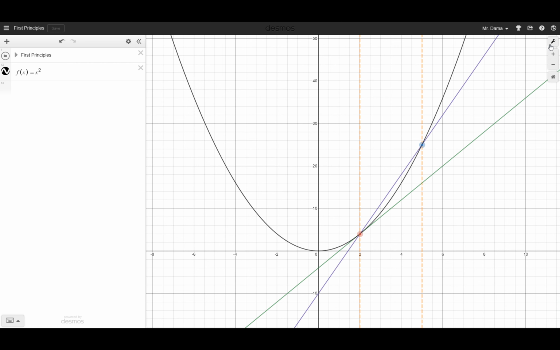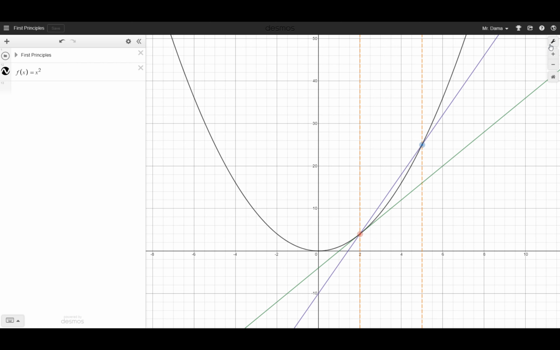Now I have this black line, which is the parabola I drew, this purple line, which was the blue line I drew, and look at how, if the green line's the gradient at this point, the slope of that point, look how far the purple line is to the green line. And watch what happens when I move this blue point closer and closer.